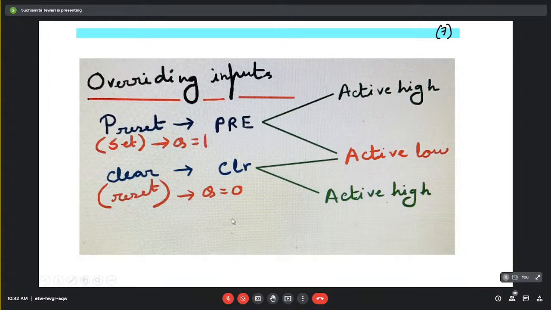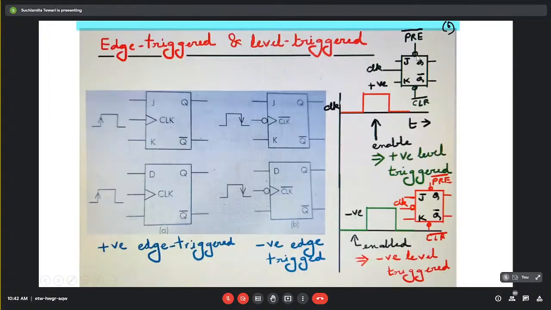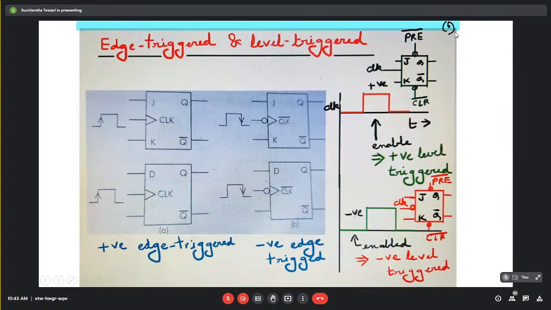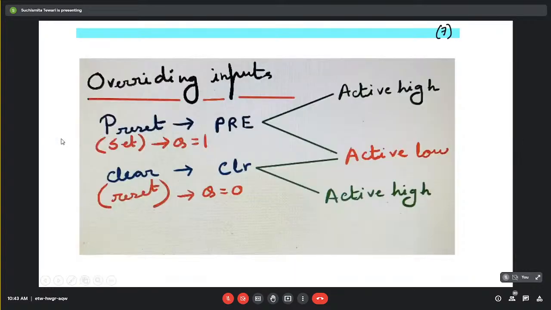So if preset and clear are introduced within a flip-flop circuit as the third and fourth inputs, like this, then if the preset is activated, whatever be the value of data input, even if it is set as S equal to 0, R equal to 1, or J equal to 0, K equal to 1, which is supposed to give the reset state, since we are activating this preset pin, it will give the set state at the output.